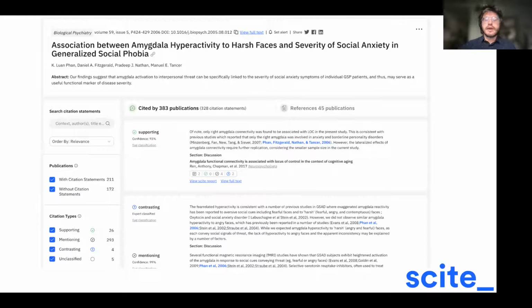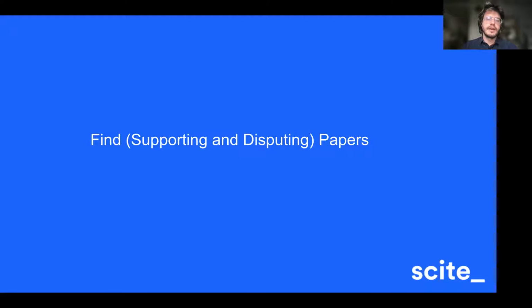And again, without you having to go and in some cases buy the full texts or beg your librarian to add it to the collection and so on. So we do work with publishers to make sure that people can read at least the snippets for citations without having access to the full texts.